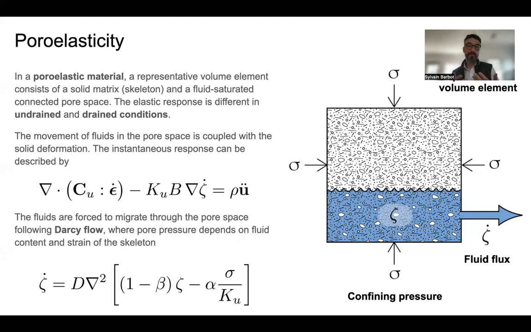So the fluid flow is proportional to the gradient of pore pressure. But pore pressure is itself a function of the gradient of fluid content and the volumetric strain of the solid matrix. So here you have full coupling between the migration of fluid and the compressibility of the solid matrix.